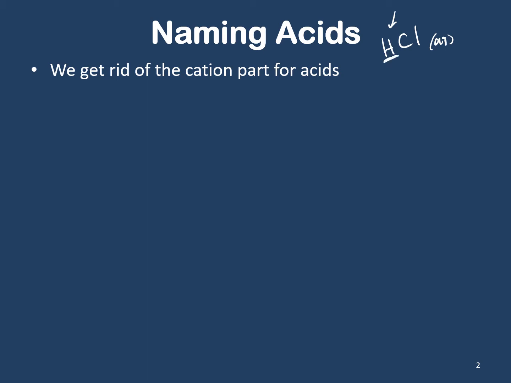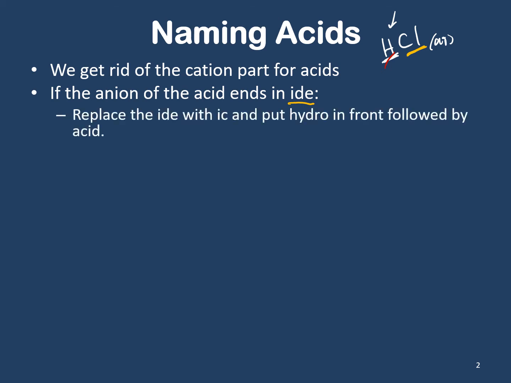Since all of our acids contain this first bit, this hydrogen, we really don't care about it when we're naming. What we want to focus on is the anion in the acid's formula. So if the anion ends in IDE, we have rules for what we do in that scenario. We replace IDE with IC, and we add the prefix hydro to the name of the anion.